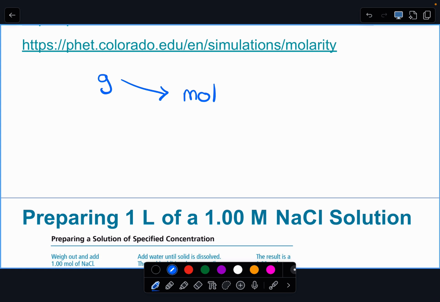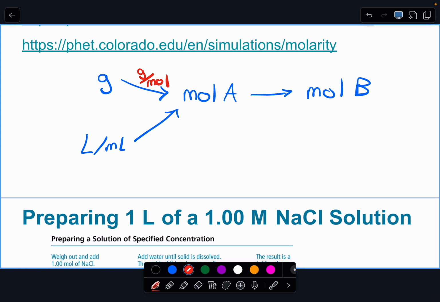and then we would do a mole to mole conversion, right? So maybe it's moles of A, and then we convert to moles of B. Now we're going to do a volume, so either liters or milliliters, and we're going to measure how much of that liquid that has the Kool-Aid in it or whatever, how much of that liquid, the peroxide, do we need to pour out to get a certain number of moles of that compound? Okay, so when we did grams to moles, we used molar mass as our conversion factor, right?